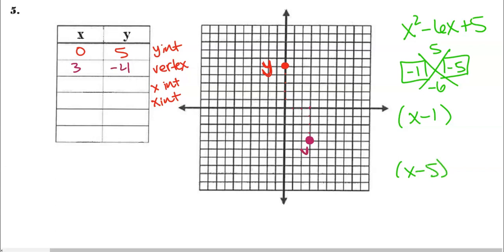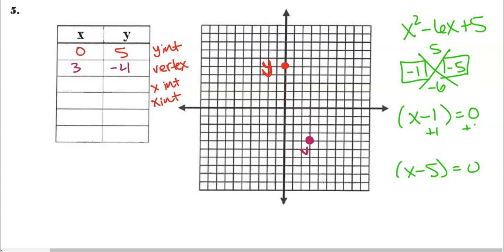If I want to know where it crosses the x, I need the x by itself. So I got one small extra step I'm going to do now. Because would it make sense for me to say negative 1 and negative 5? Does this make sense? 1, 2, 3, 4, 5. Look at where my vertex is. That does not make sense. My vertex should be in the middle. Those are not my x-intercepts.